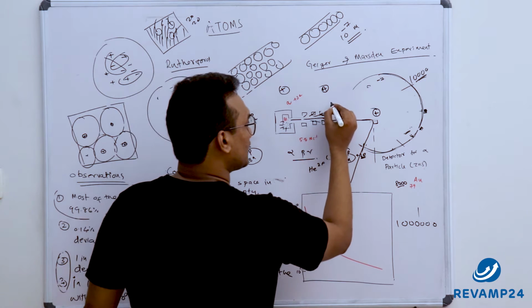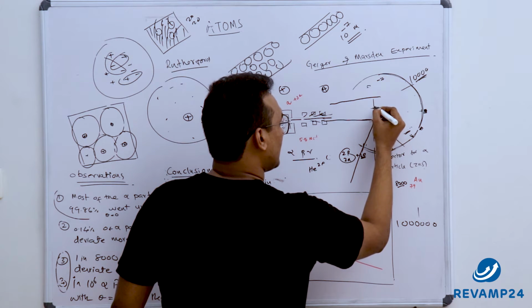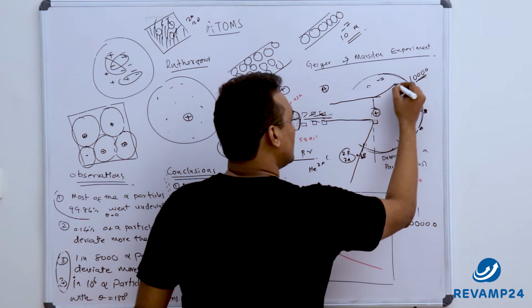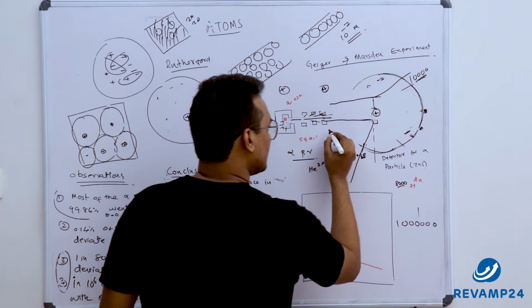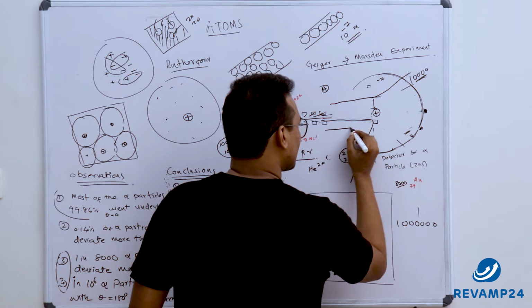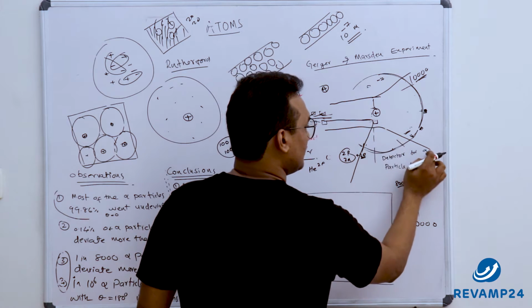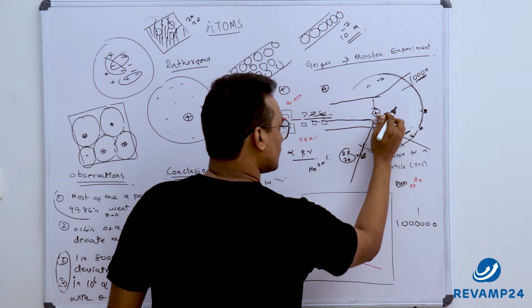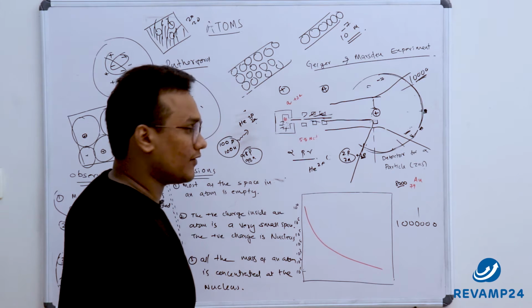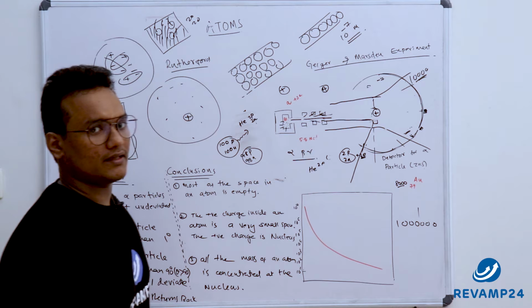Now when an alpha particle goes in this direction, here the distance is more compared to this distance, so it will deviate by an angle more than 1 degree. This one is the one which has deviated by 1 degree, and this one is closer to the positive charge, and those alpha particles will deviate by an angle more than 90 degrees.